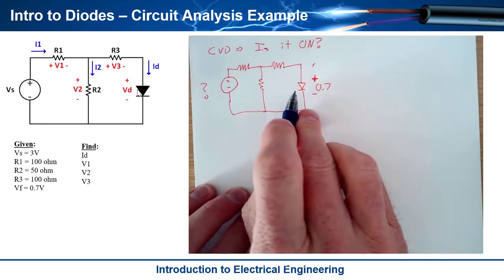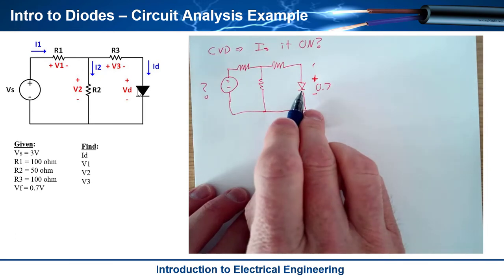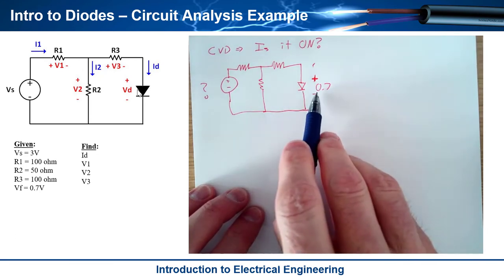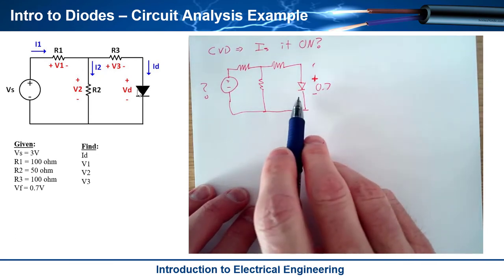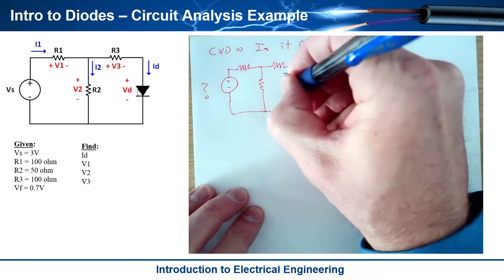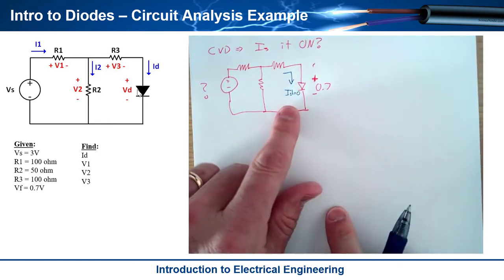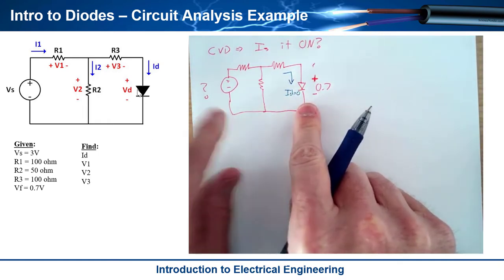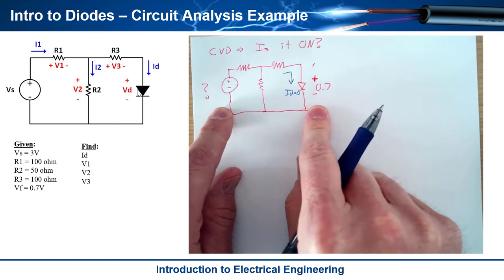But the moment this diode goes from being off, where the voltage across it is less than 0.7, to being on, where the voltage across it equals 0.7, is when the current is equal to 0. That is the way we model the instantaneous point in time at which it turns on.